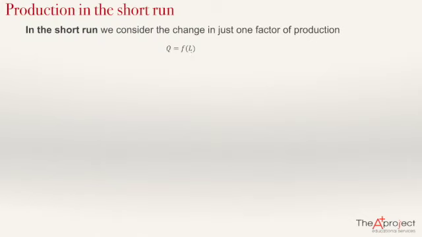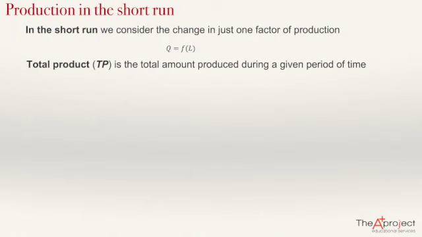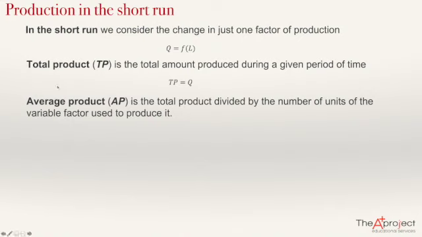There are some concepts that help me understand production in the short run. One of the concepts is the total product, TP, which is the total amount produced during a given period of time. If I call this amount Q, then the total product is just Q. Another important concept is the average product. The average product is the total product divided by the number of units of the variable factor used to produce it.